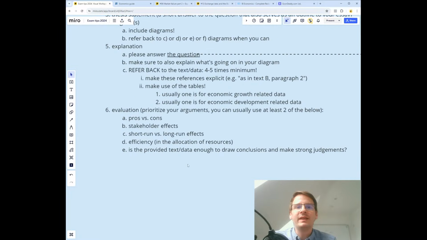So if you feel like the question in part G wants you to make judgments or draw conclusions based on data that you don't find enough, then you can make a reference, especially in your conclusion, to this problem that, in order to make more well-established judgments, one might need to get access to more data.